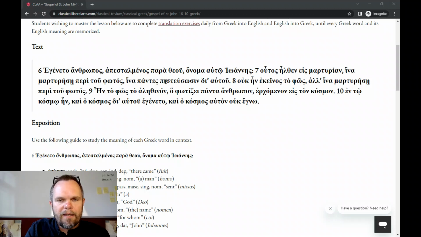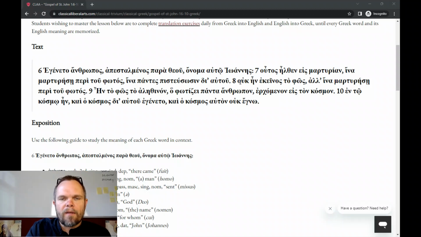We see here, pi steu, epsilon, upsilon here is a diphthong, so they're pronounced together. Pisteu sosin, pisteu sosin. Hina pantes pisteu sosin, di autu.